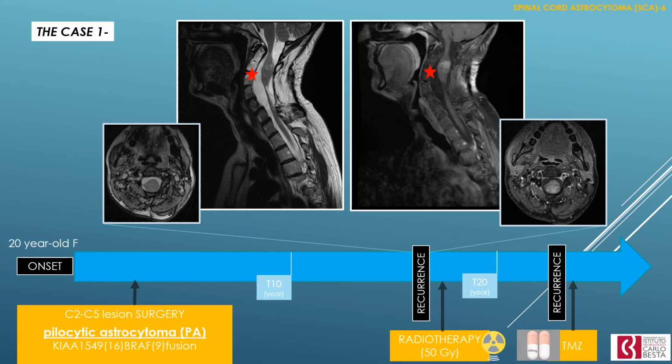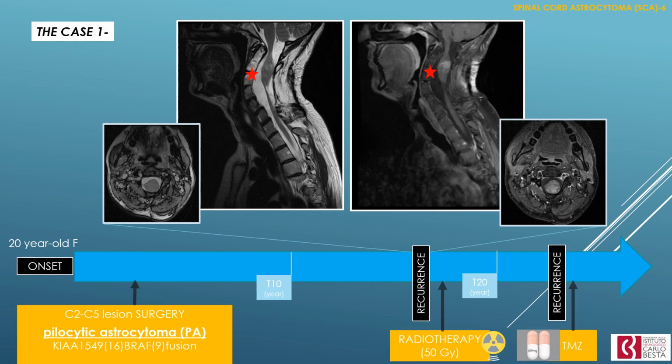We are going to present two cases of intramedullary lesion that got regular assessment in our institute. The first is a 20-year-old female who complained of cervicalgia. She underwent 2 MRIs that showed an intramedullary lesion. She then underwent surgery, and histology concluded a pilocytic astrocytoma with BRAF fusion.